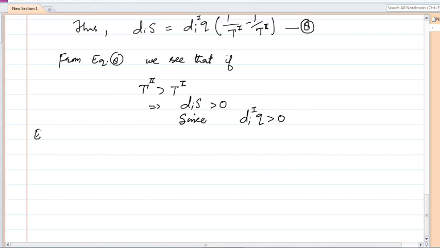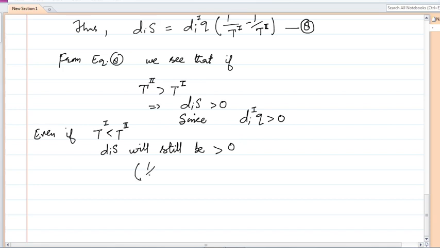Now even if T1 is less than T second, this dIS will still be greater than 0. Why?